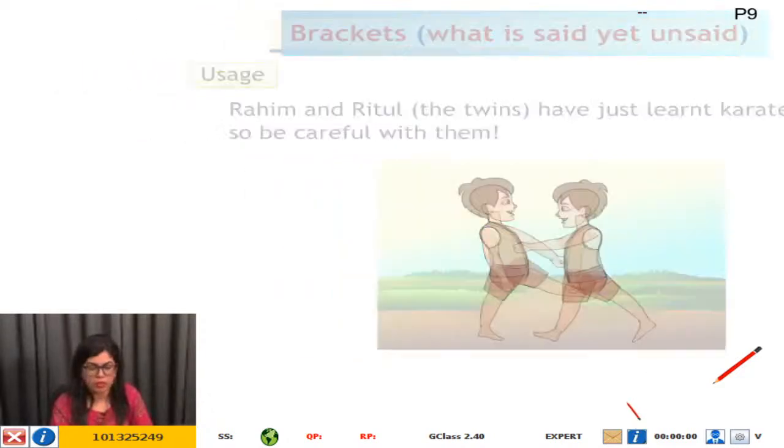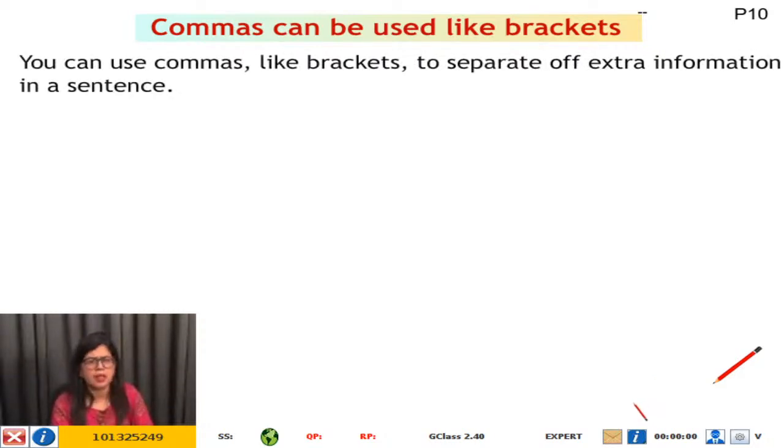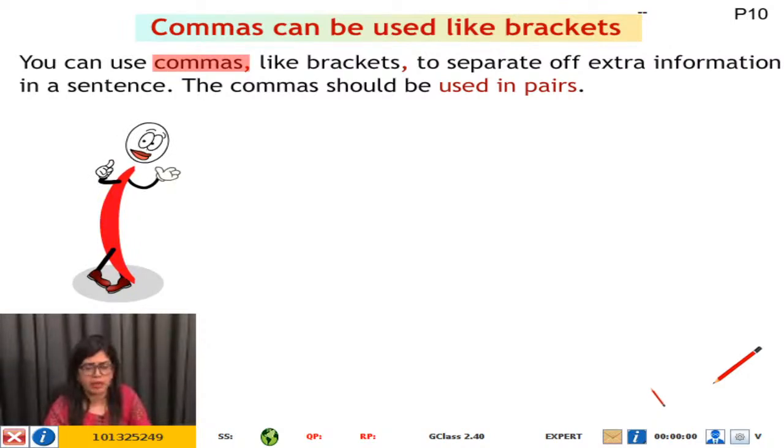Commas can be used like brackets. You can use commas like brackets to separate off extra information in a sentence. The commas should be used in pairs.